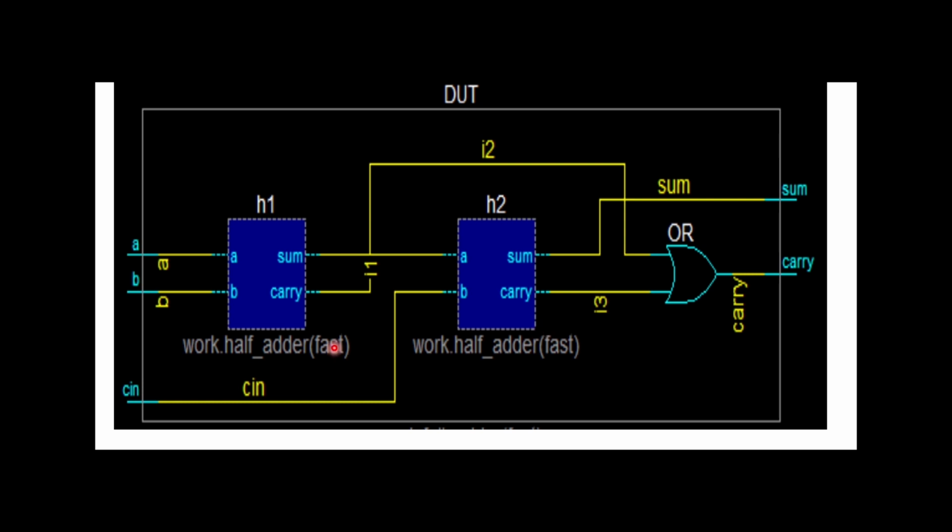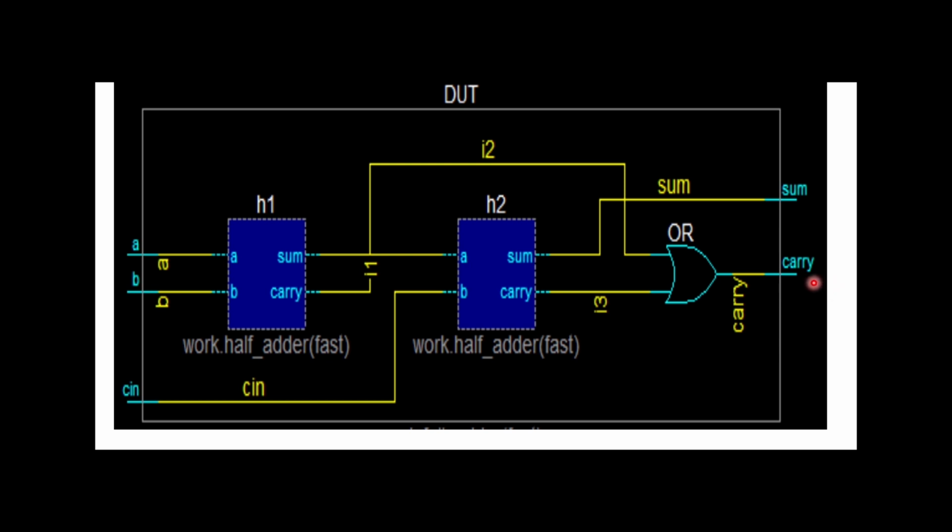So A, B, and C are the inputs, and sum and carry are the outputs. If we connect the half adder here, A and B connect to this one, and its sum we provide to another half adder as input A, and B we take from C. Then we connect one OR gate over here: the carry of the first half adder goes to this OR gate, and the carry of half adder 2 also goes to this OR gate.